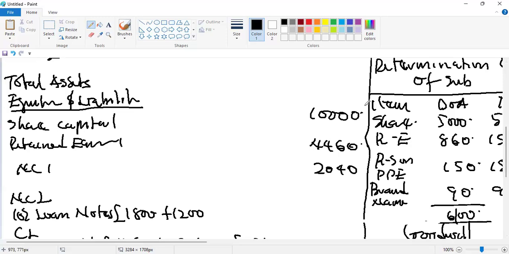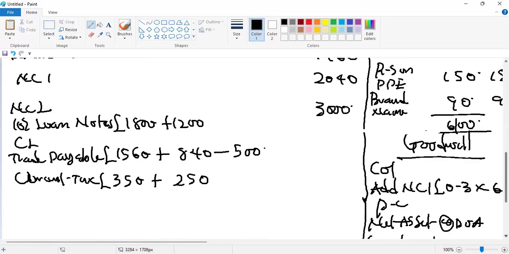Then loan notes. Then 1,560 plus 840 minus 19. 600.